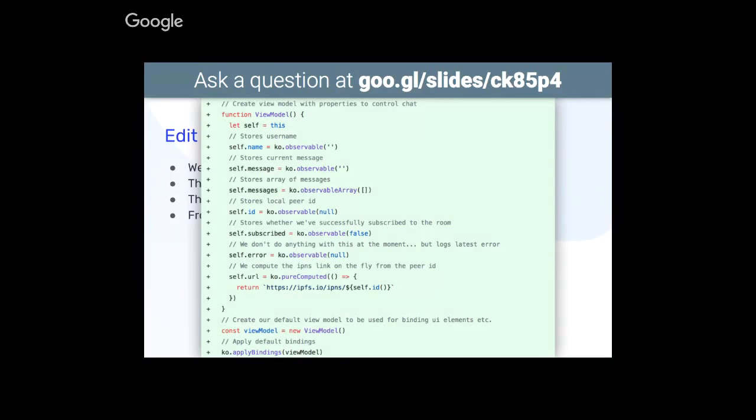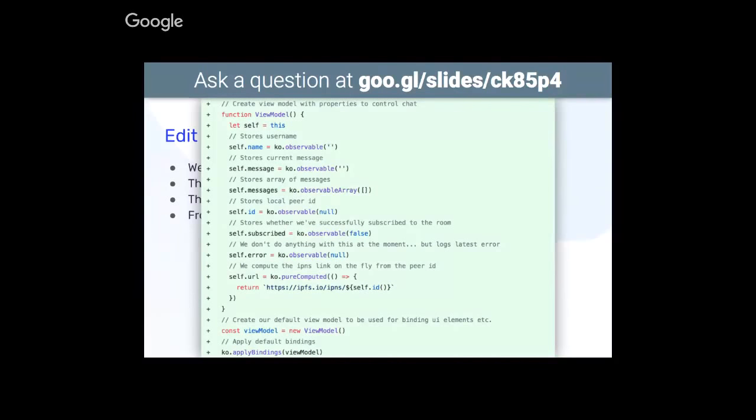So we're going to create observables for various things. We're going to keep track of the name of the user so that they can have a little username, so it shows up as not just their long peer ID. We're going to store the current or latest message, an array of past messages, and the local peer ID so that we can actually communicate between peers.